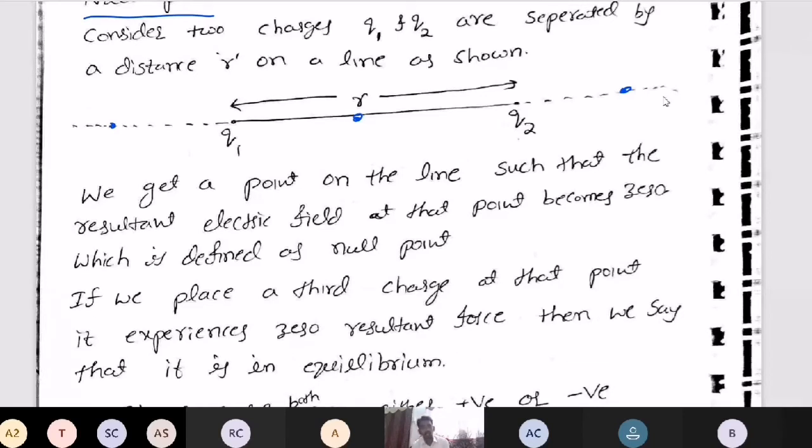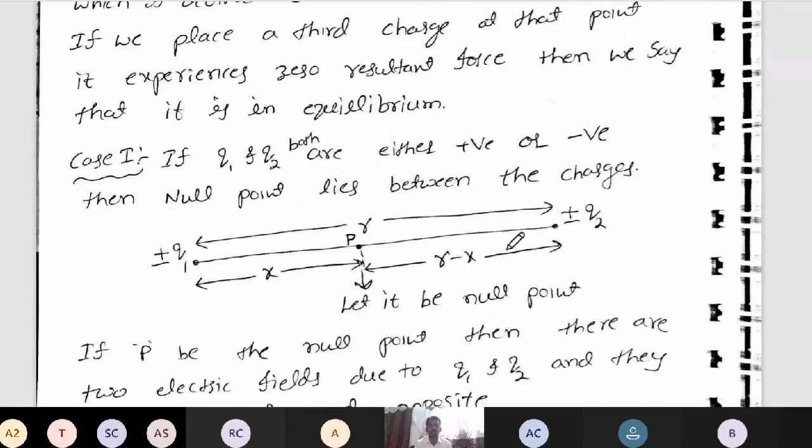Or if two charges are there, at any one point, either between or left side or right side, the resultant electric field will become zero. That is what we call the null point. We get a point on the line such that the resultant electric field at that point becomes zero. That point we call the null point.